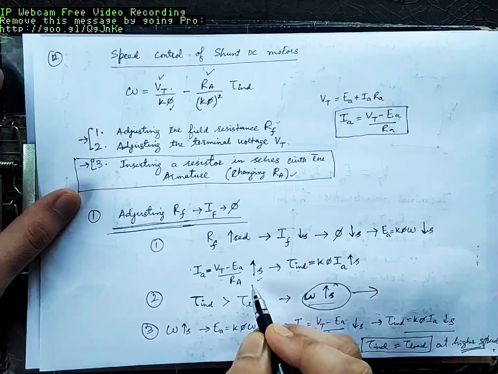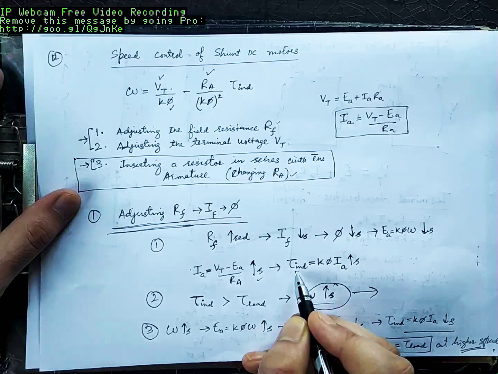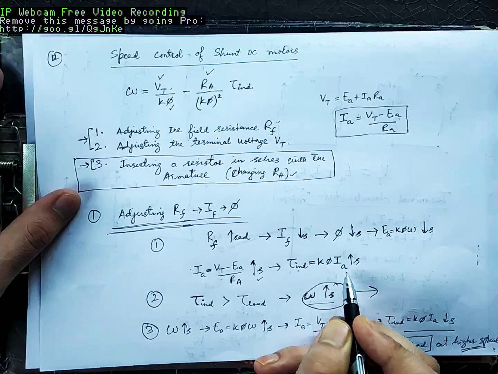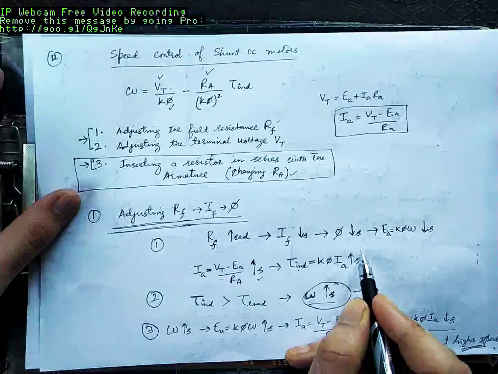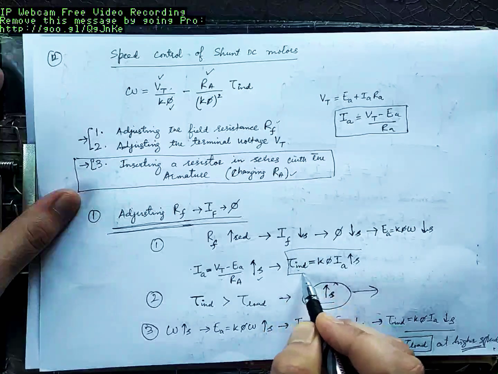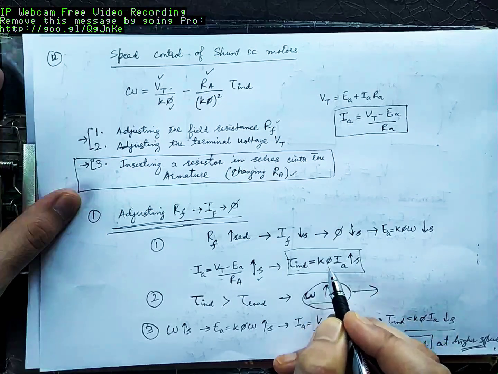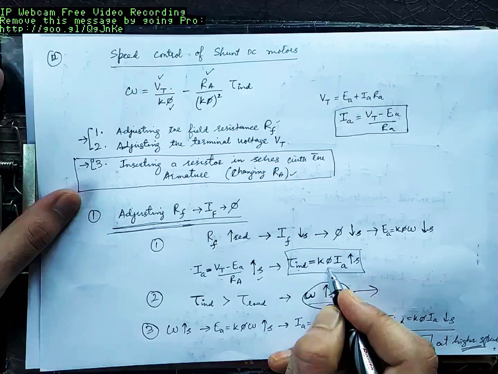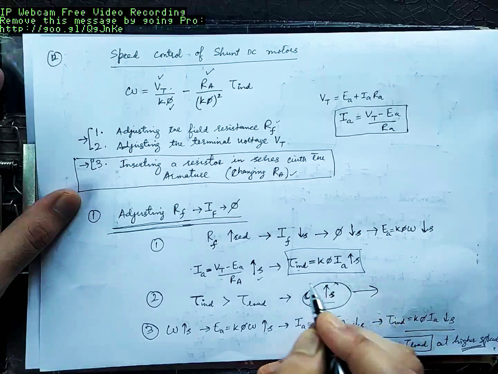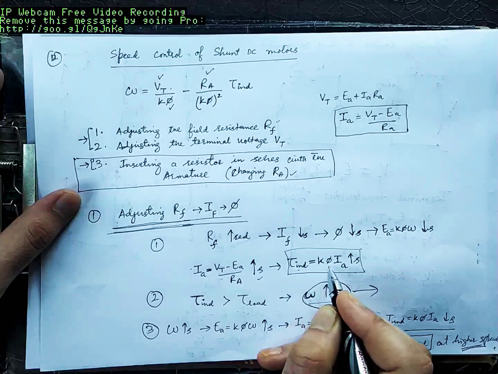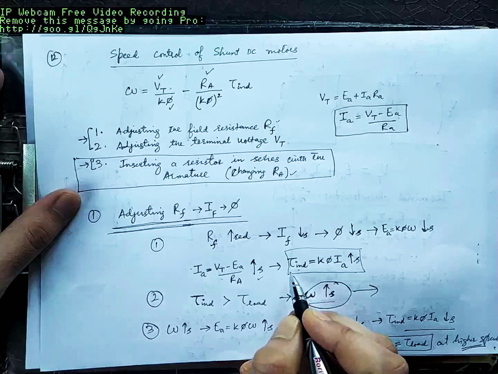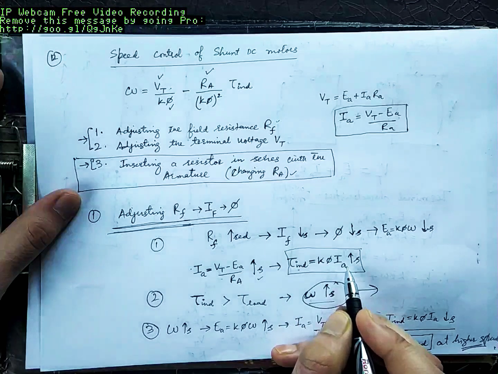When armature current increases, we know torque induced is K Phi IA. Here you may ask, sir, since induced torque is proportional to K, Phi as well as IA, and we are decreasing flux Phi while current IA is increasing, which way will induced torque go? Will induced torque decrease because flux is decreasing, or increase because current is increasing?